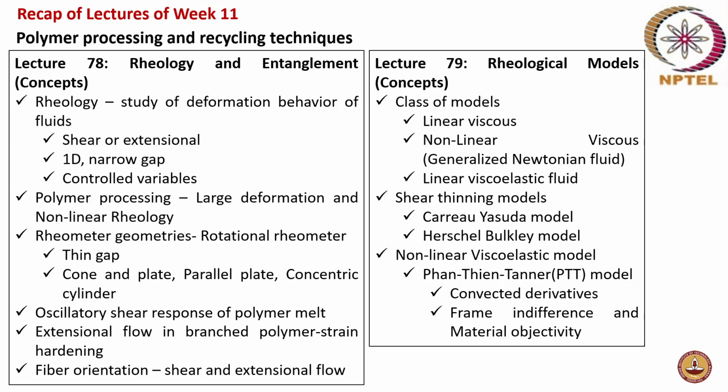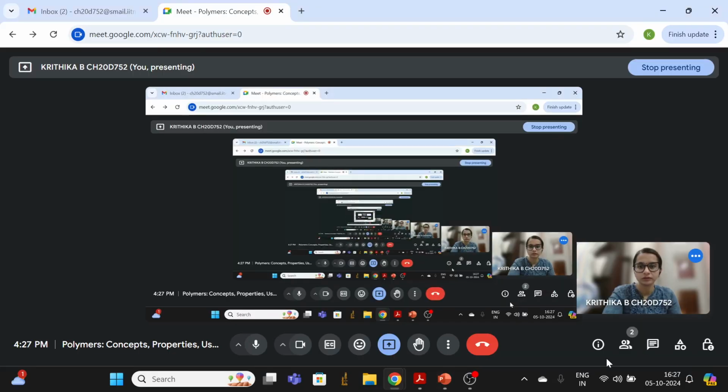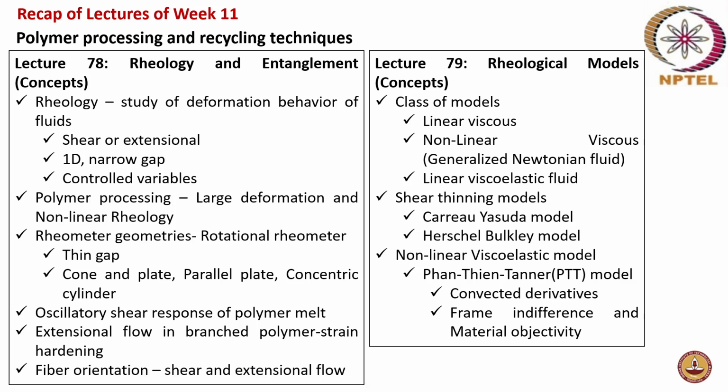And then rheological geometries, the rotational rheometer, thin gap, and then different kinds of geometries used in rotational rheometer: cone and plate, parallel plate, concentric cylinder geometry. In which cases each of these geometries are used, what are the advantages and disadvantages, and what are the types of samples that can be evaluated in these geometries were all discussed.